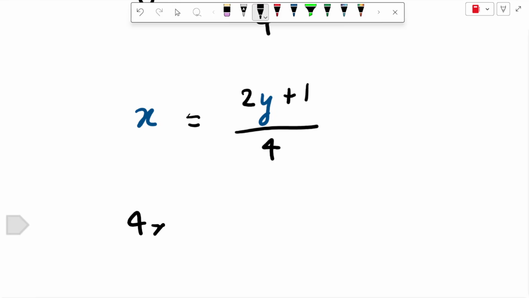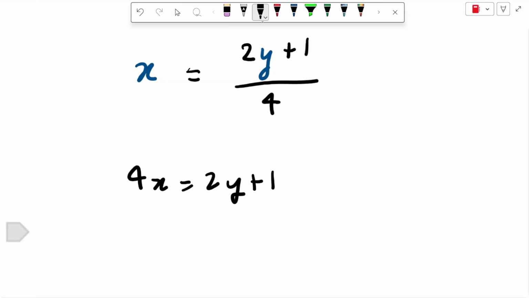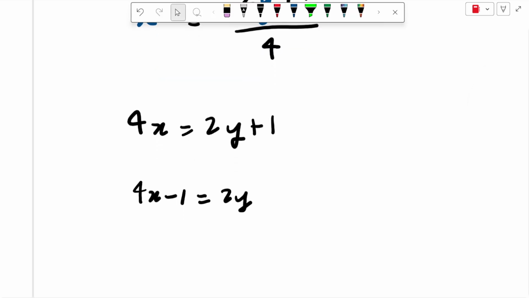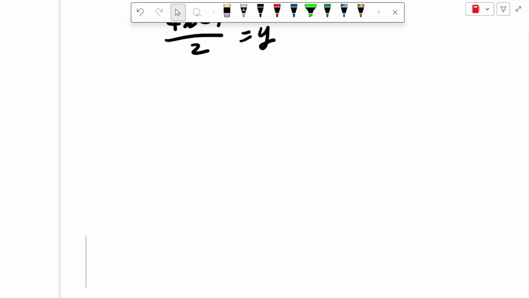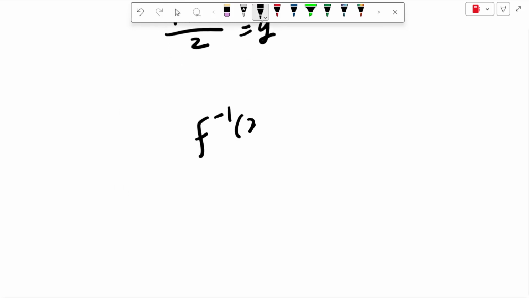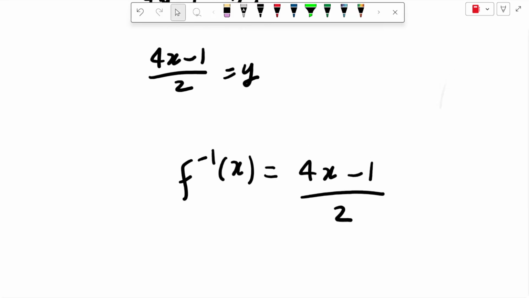So we get 4x is 2y plus 1. We get 4x take 1 is 2y. So that tells us that (4x take 1) all over 2 is y. Now that basically just tells us what the inverse function is. So this is the actual process for calculating it. So it's (4x take 1) all over 2.